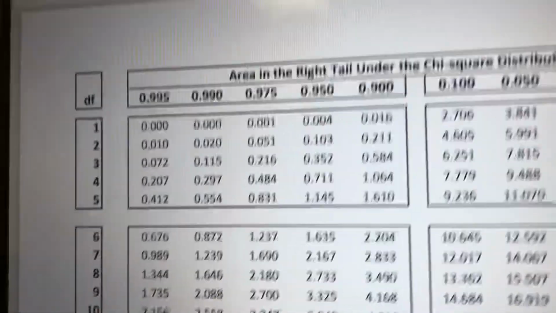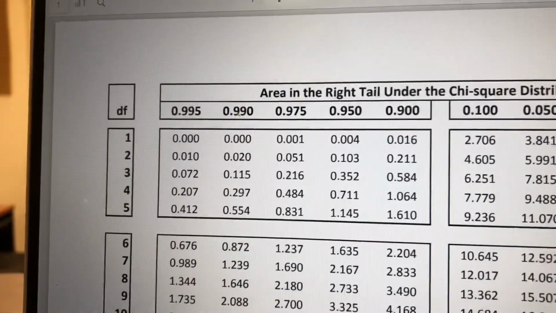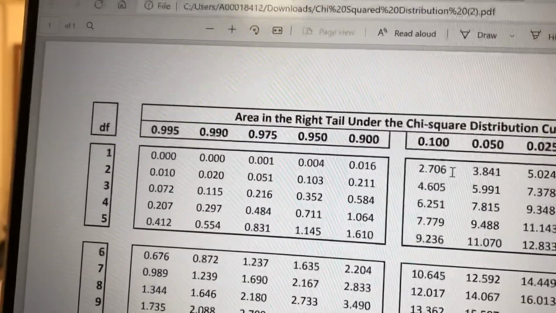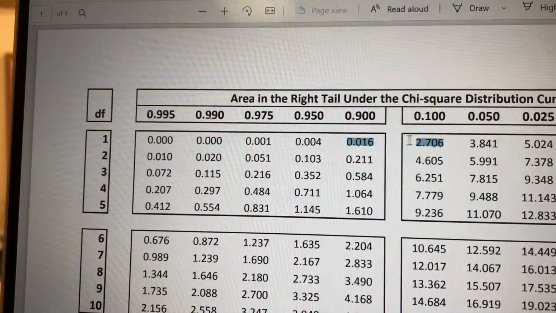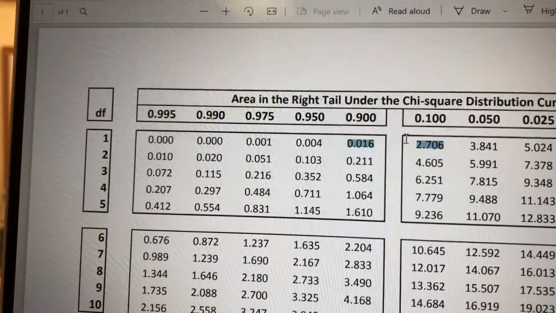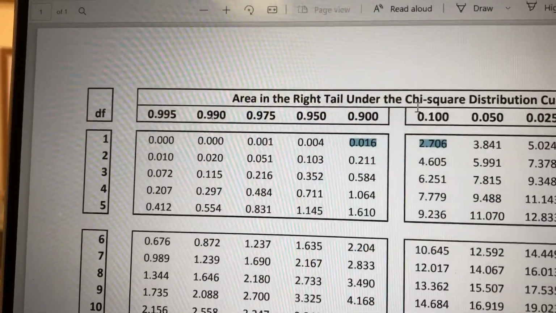So where is 0.4566? Well, it is between this number and that number. And since our test statistic is between these two numbers, we know that our p-value is between these two numbers. So our p-value is between 10% and 90%.